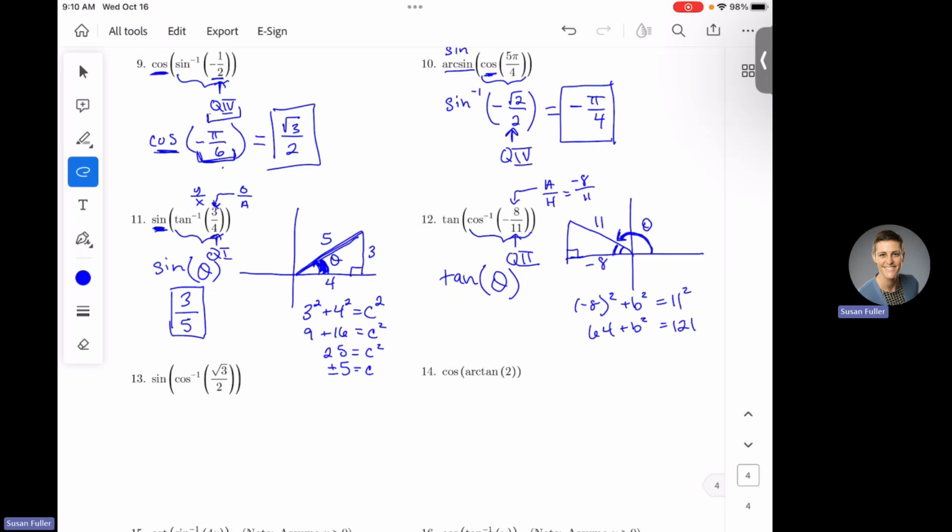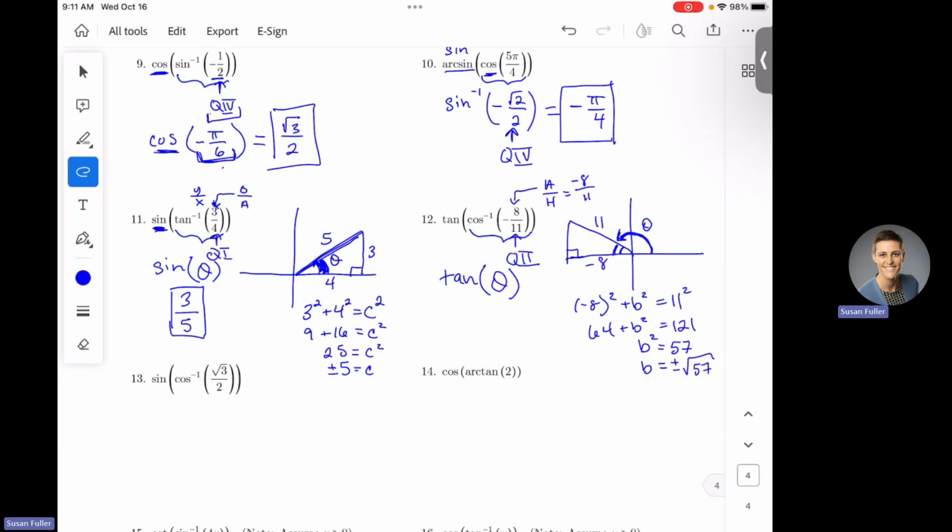Not going to lie, my brain does not want to do that right now. So I'm going to take out my handy dandy TI-30X IIS and I'm going to make it do that for me. So 121 minus 64 is 57. So I know that b squared is 57, which means that b is plus or minus the square root of 57.